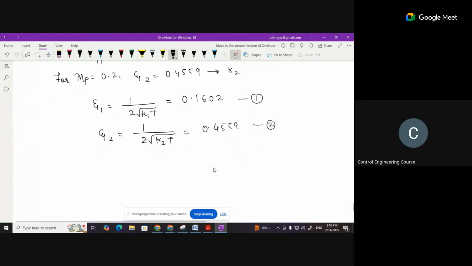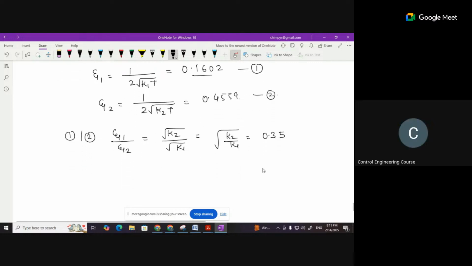So now take the ratio of zeta 1 by zeta 2. What will you get? That will give you root over k2 by k1 is equal to, you have values of this, divide it, zeta 1 by zeta 2, you will get 0.35, right?